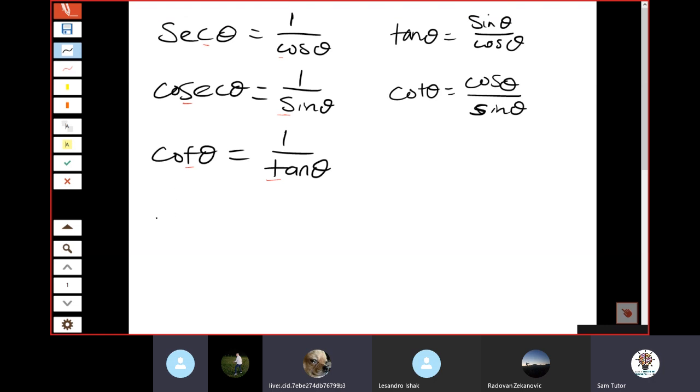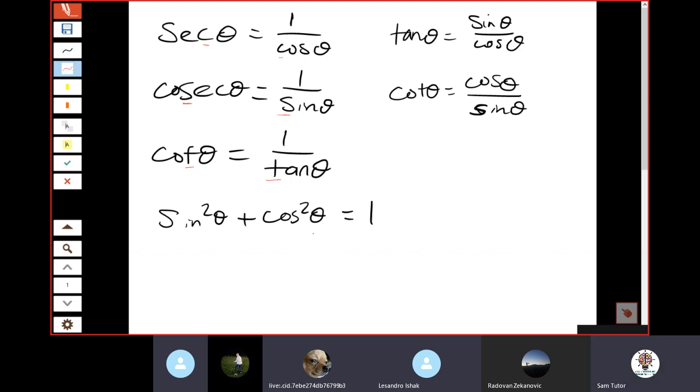On top of that, there are technically 3 more, but most students just memorize 1. Sine squared theta plus cos squared theta must equal 1.